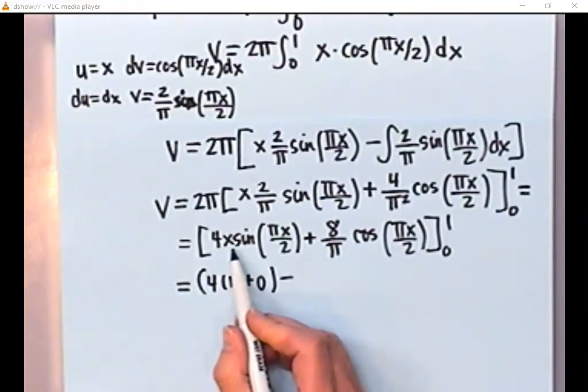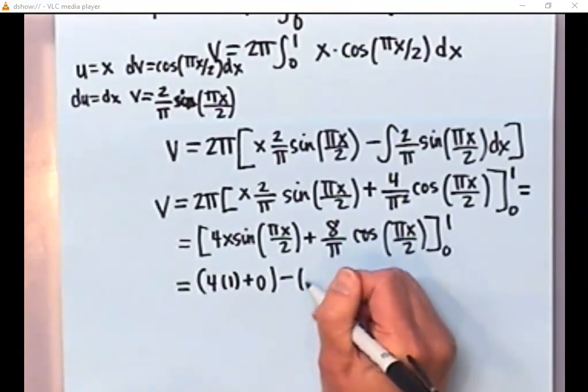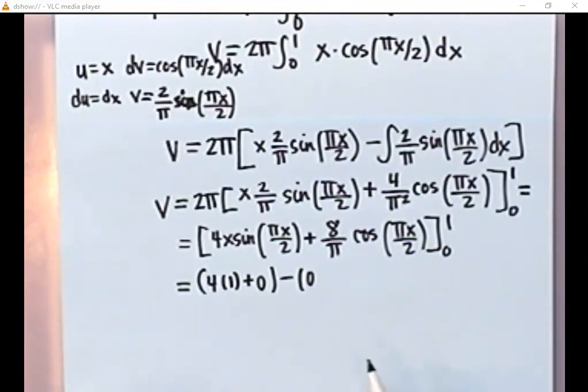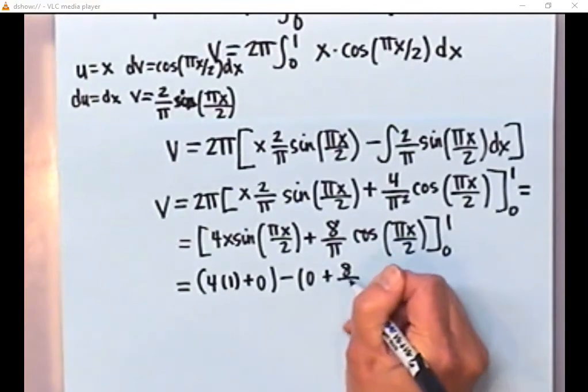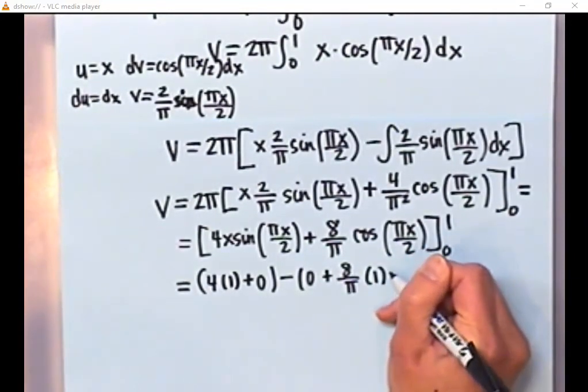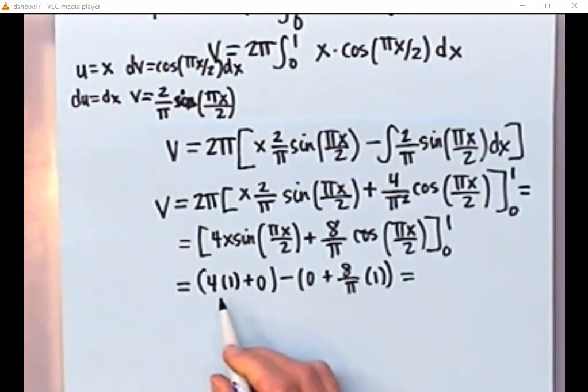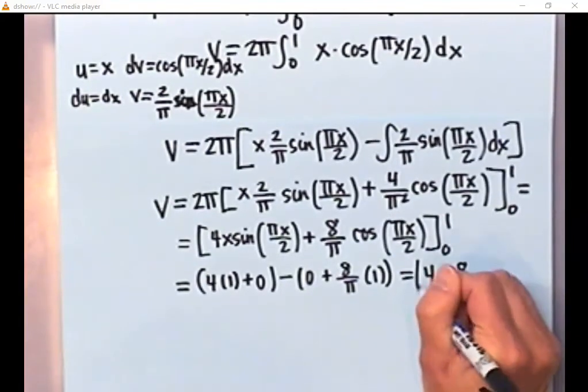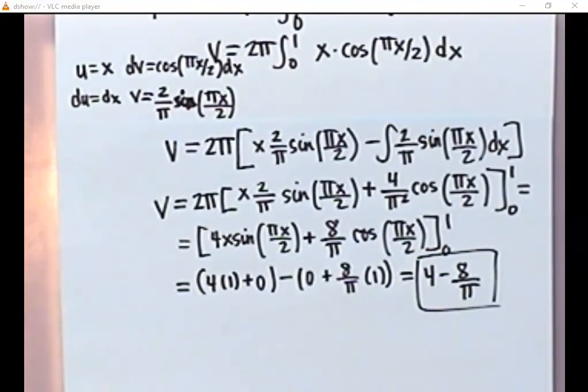When I plug in 0, it makes this whole first part 0, and the cosine at 0 is 1. So that's going to be 8 over pi times 1. So what are we left with? Looks like 4 minus 8 over pi. If you got that, you were right. And that's the work to get there. That might have been the back of the book, but that's how you get there.